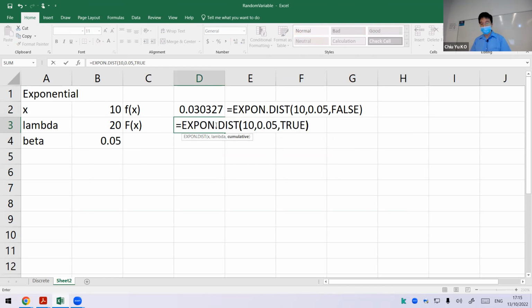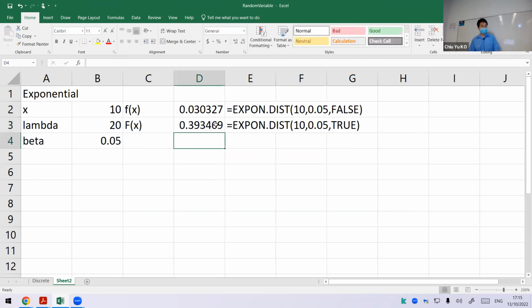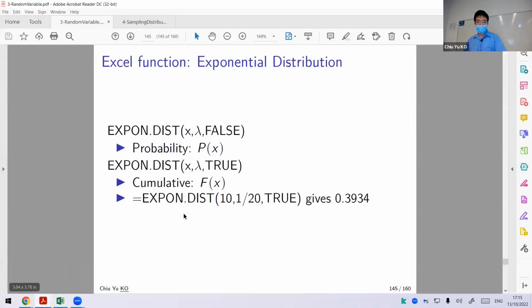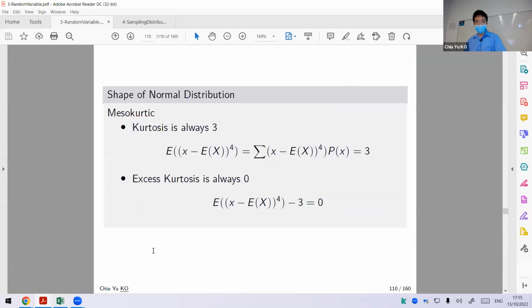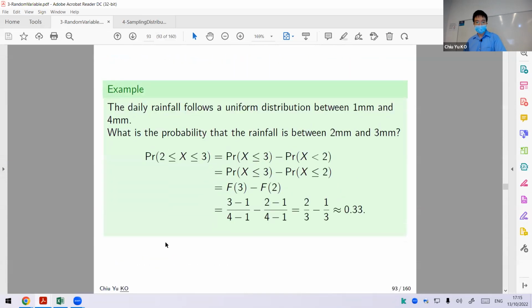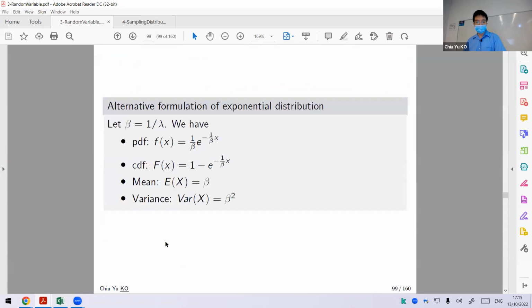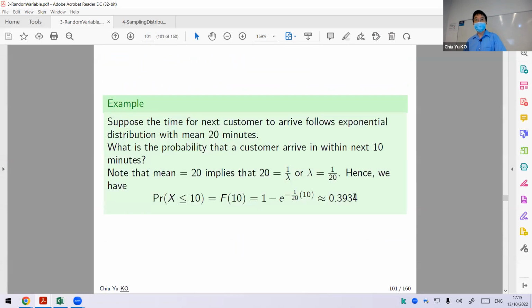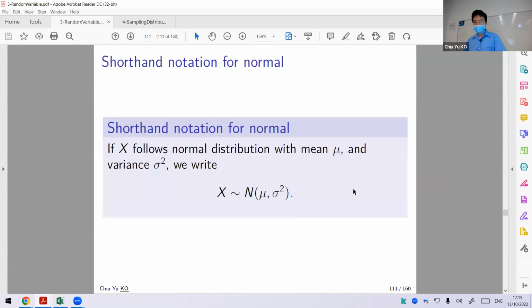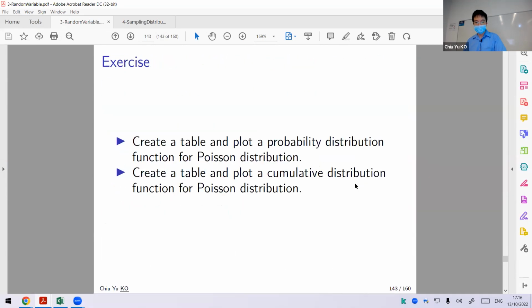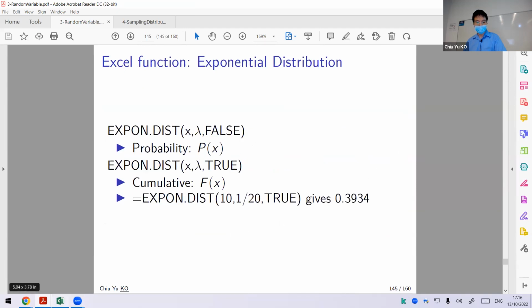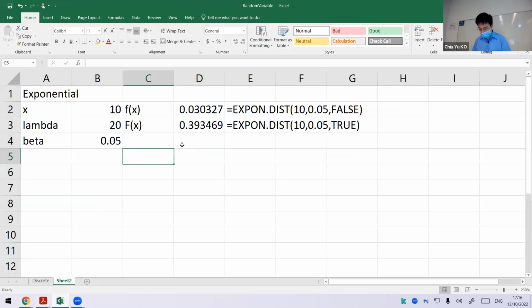So for continuous, you only use true, because the big F is the thing we care about, and it's like 40%, right? This is exactly what we did when we looked at the example with the exponential. If you still remember, this is 0.4. Let us calculate this by hand to show you this is correct. Remember how to do the big F: the formula we have written down is just 1 minus e to the negative lambda x.